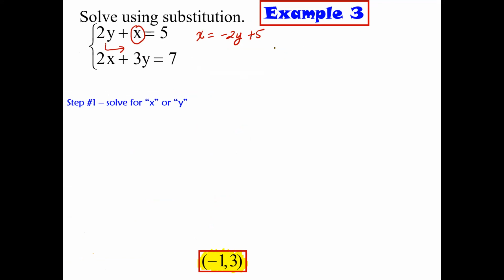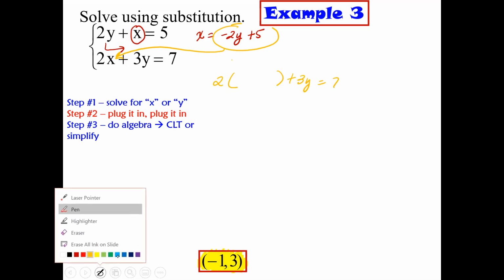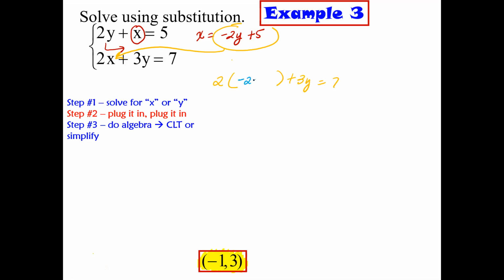Then my next step is to go ahead and plug this in. So I'm going to take x equals negative 2y plus 5, plug it in right over here. So I have 2 times blank plus 3y equals 7. And that blank is going to be negative 2y plus 5.